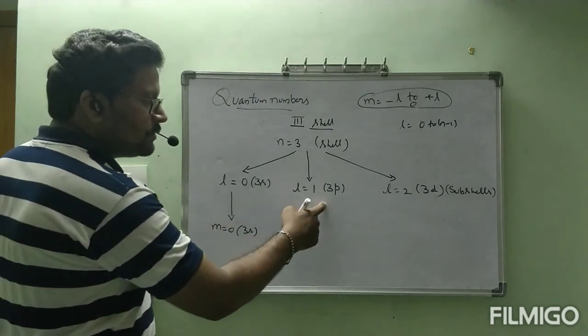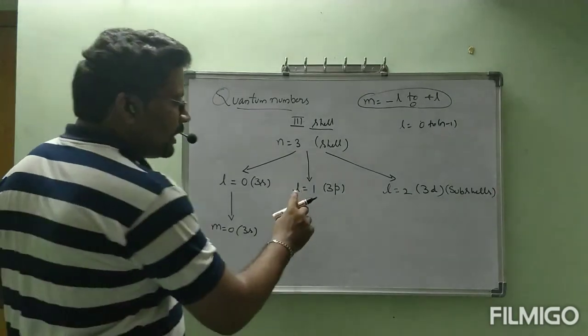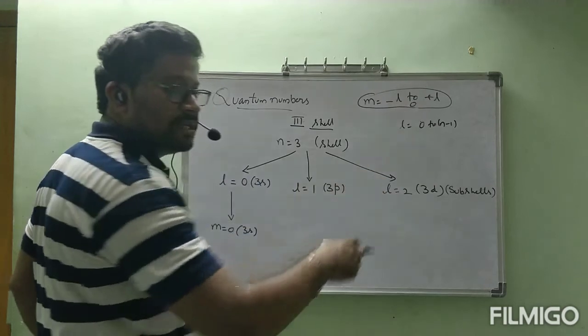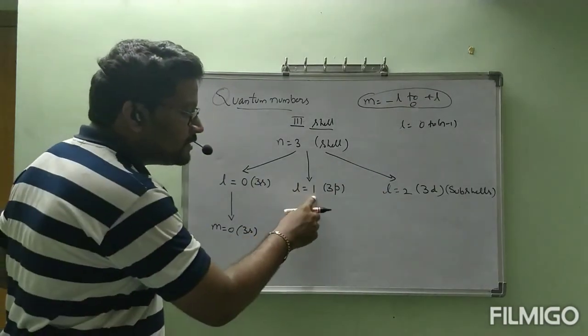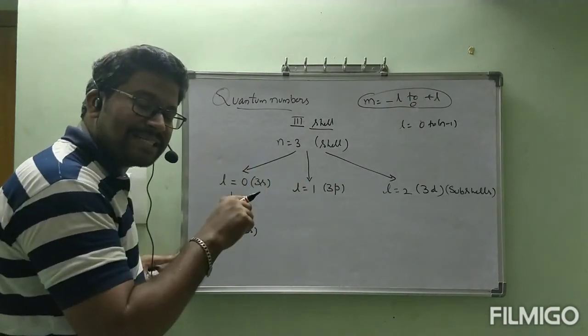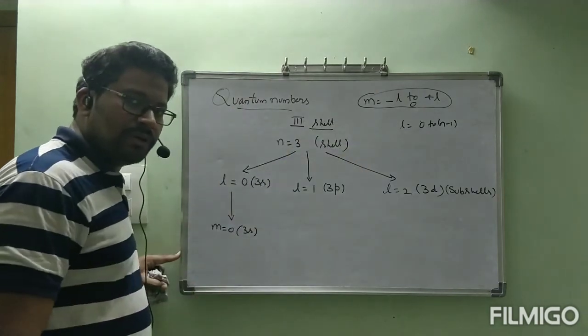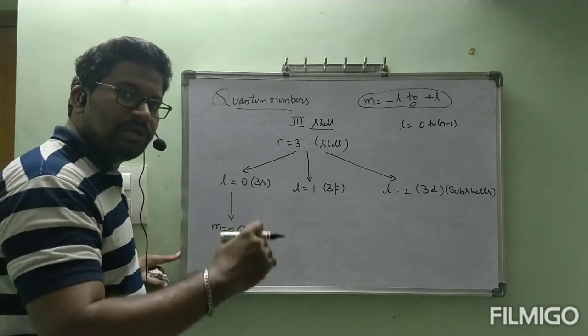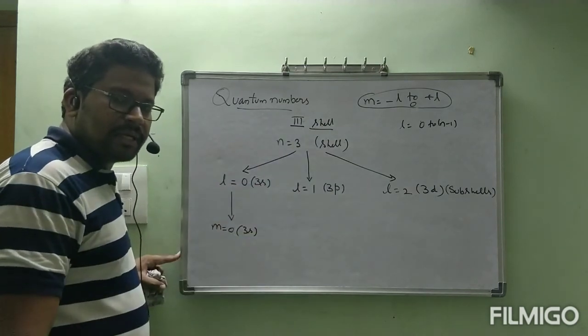Okay, now coming to here. L is equal to 1. m values are minus L to plus L, including 0. What is the L value here? 1. Minus 1 to plus 1, including 0. Minus 1, 0, plus 1. Correct?